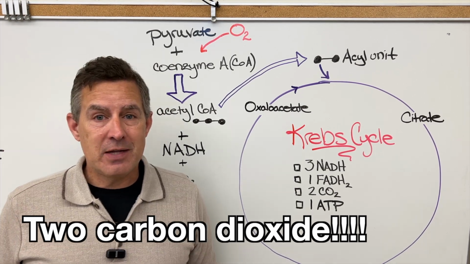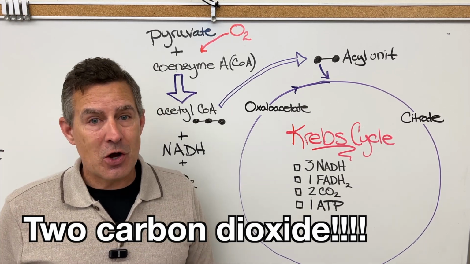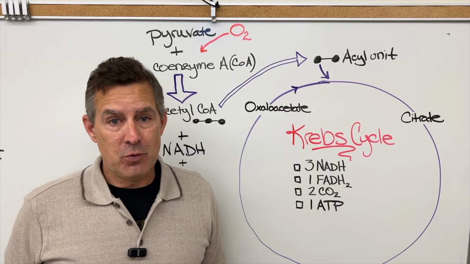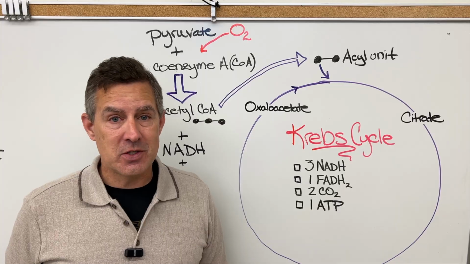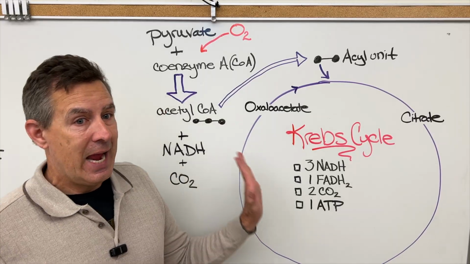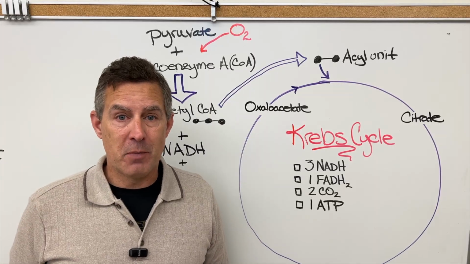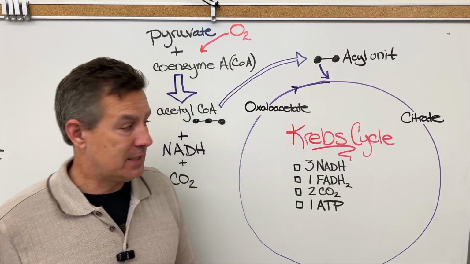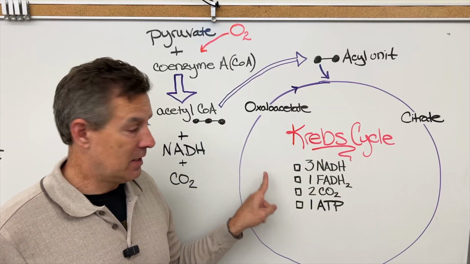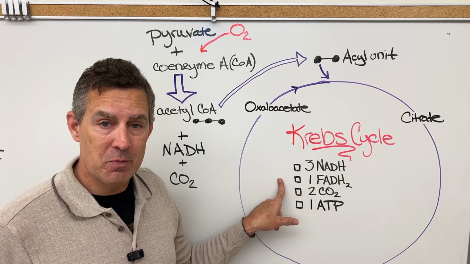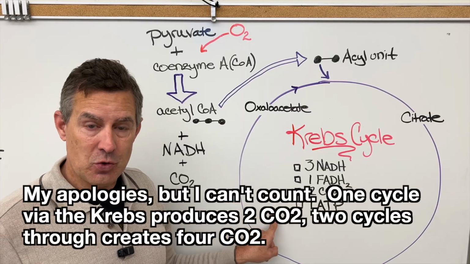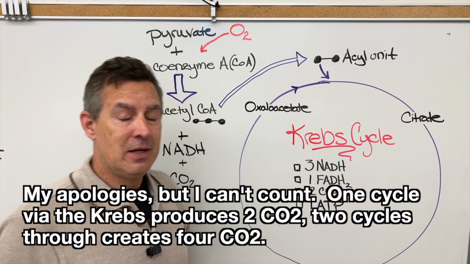So after the breakdown of glucose via glycolysis, 2 pyruvate are produced, and in the presence of oxygen, proceed towards the Krebs cycle, and those 2 pyruvate molecules will ultimately create 6 NADH, because this is happening twice, 2 FADH2 molecules, 4 carbon dioxide molecules, and 2 ATP molecules.